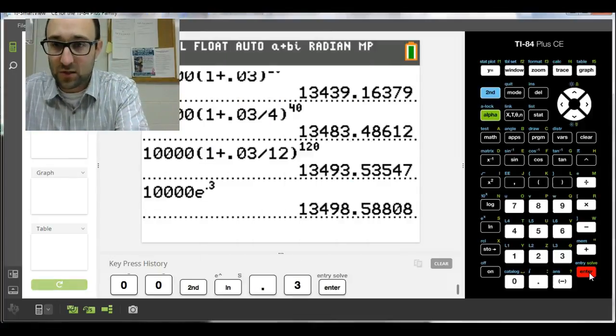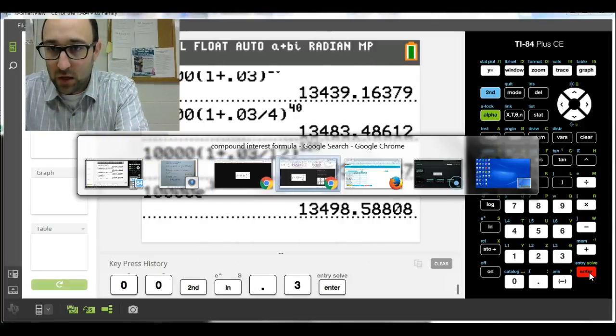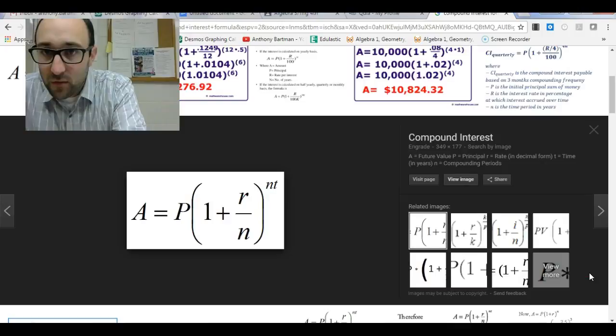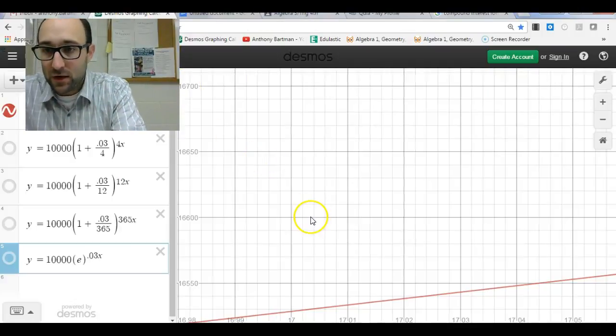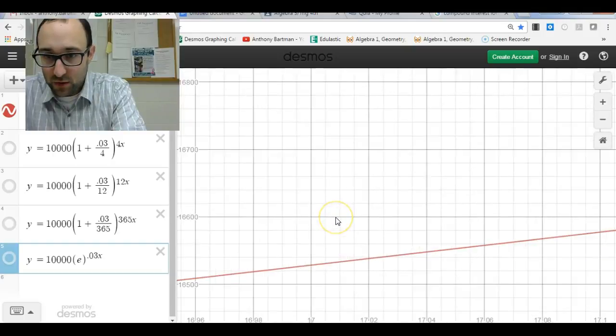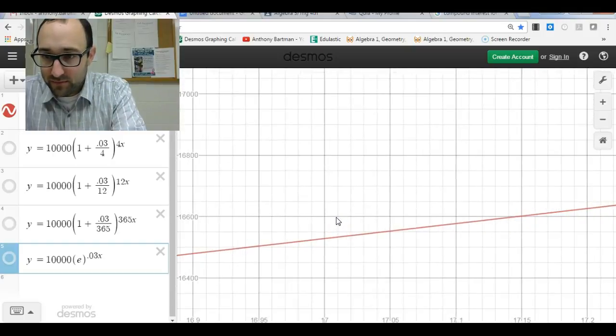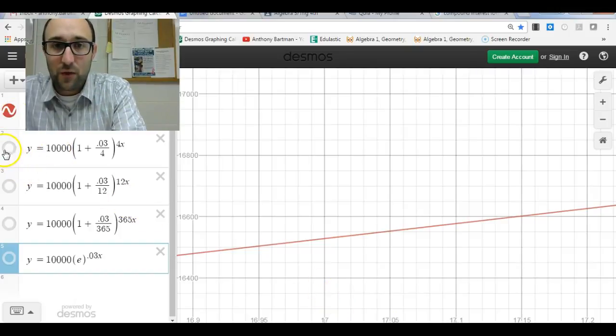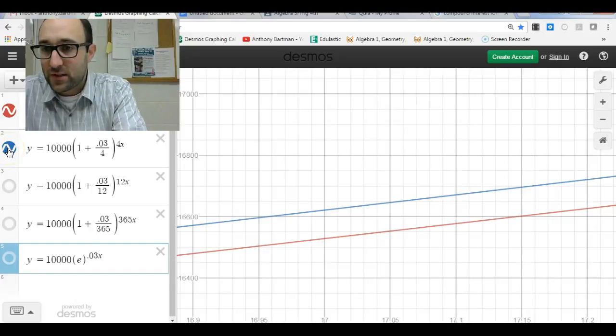A real quick thing just to look at, if we look at, let's see if I can find this here. There it is. If we go to here, let's just zoom out a little bit. So here is about 16 or 17 years for the compounding just yearly. That's how much you have. If we change it to quarterly, this is how much more money you'd get in 16 years. So that's quite a bit.